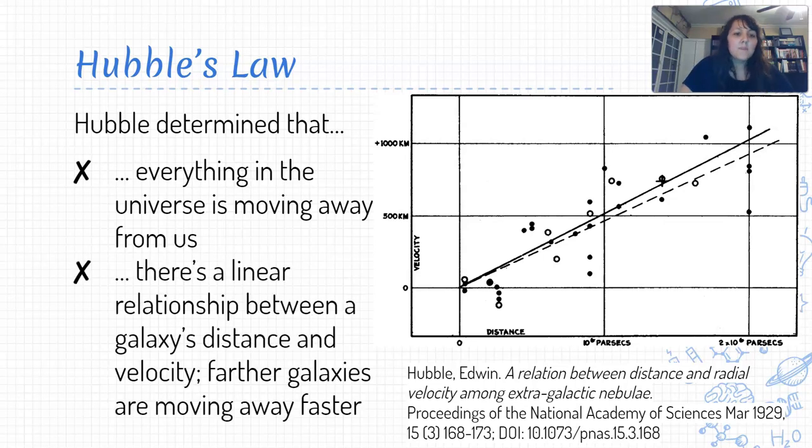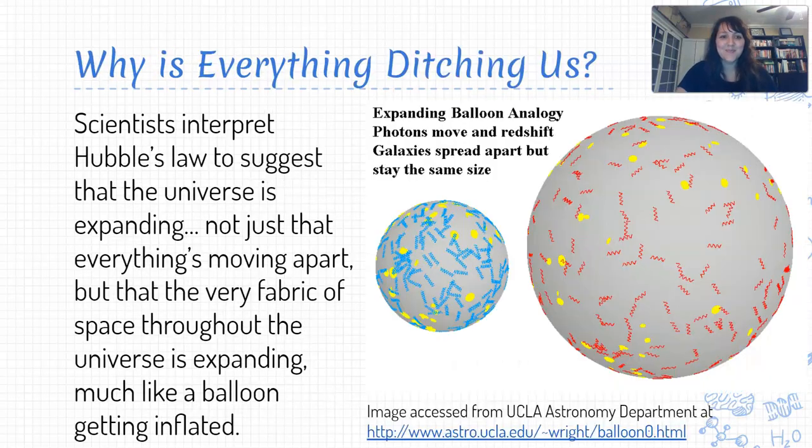So that's interesting. And then secondly, we see this linear relationship between the distance away that a galaxy is and its velocity, which means that we can use redshift, determining how shifted a spectrum is, to ultimately figure out how far away it must be by seeing where it falls on this Hubble graph. So that's kind of cute.